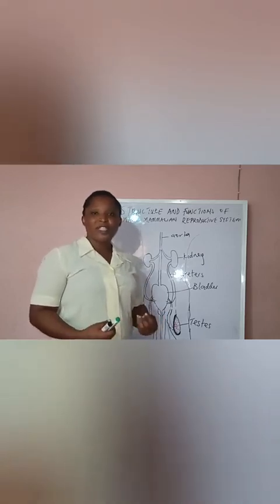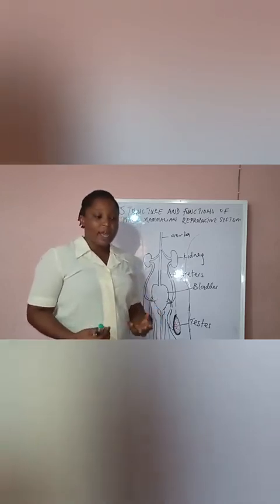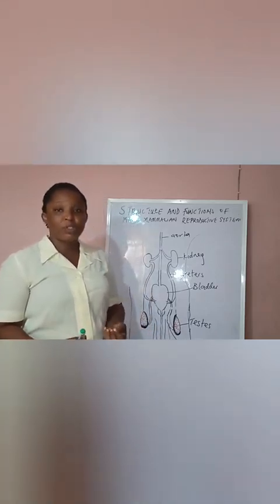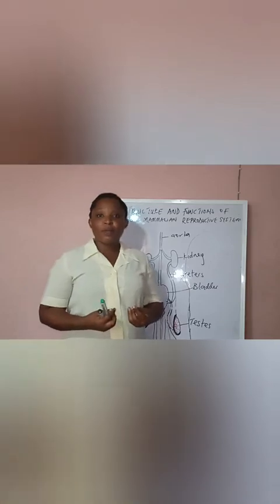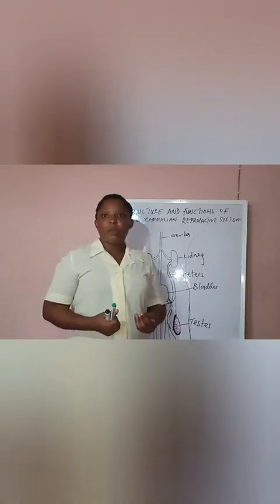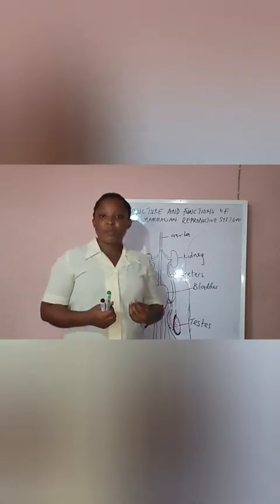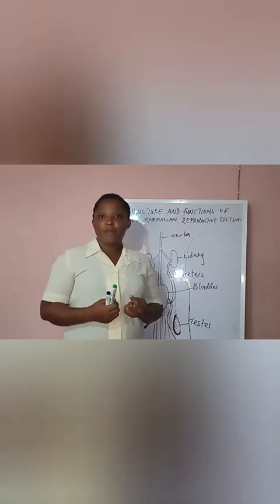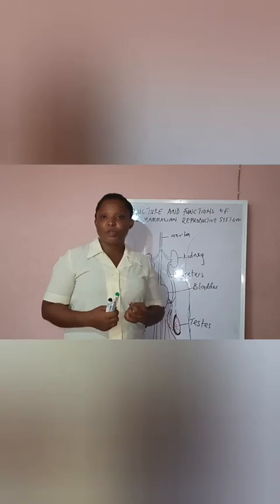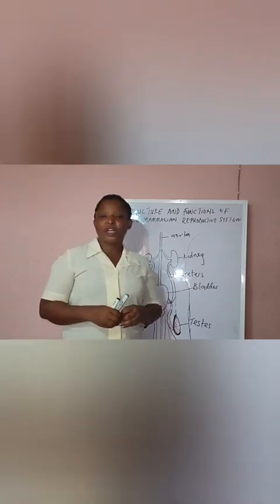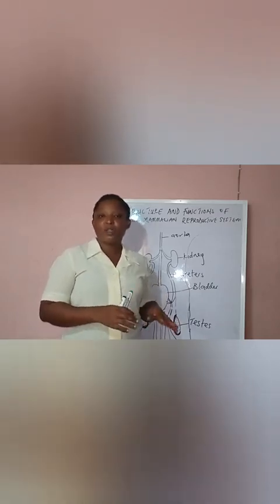Yes, it is located outside so that they can achieve the optimum temperature for sperm production, because for sperm to be produced, we need a temperature that is lower than the normal body temperature.